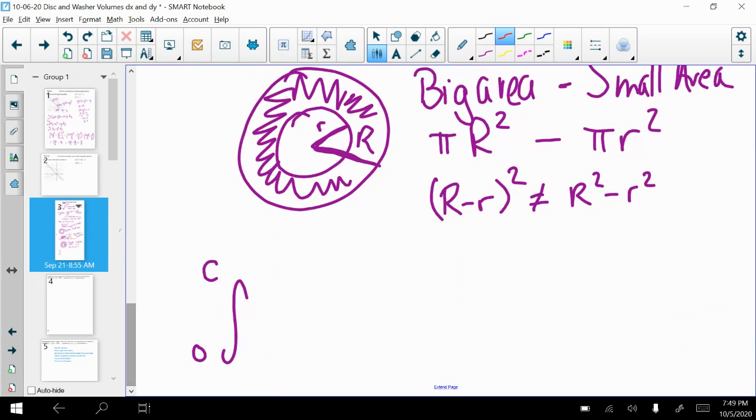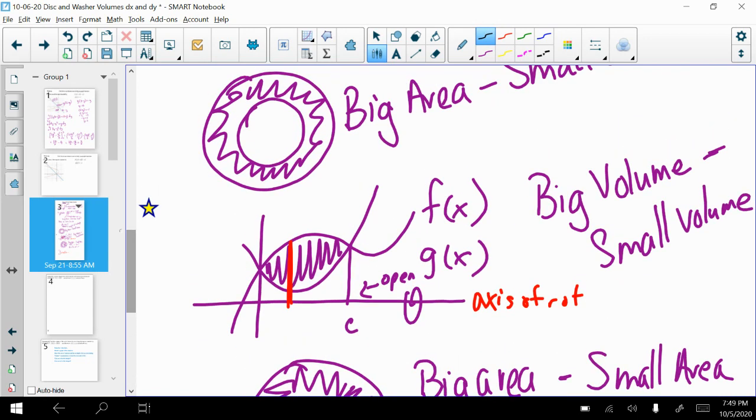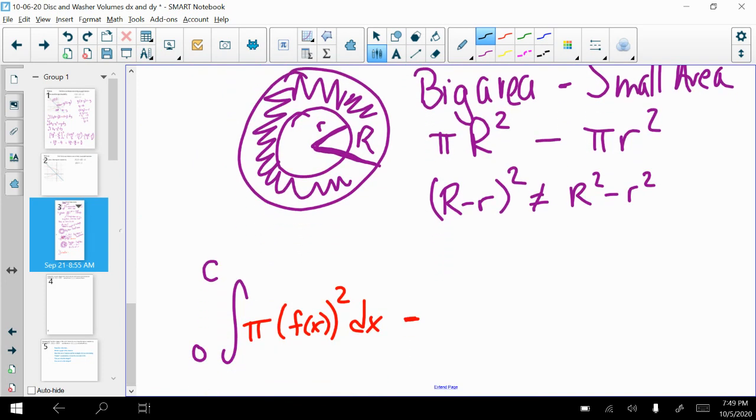So in this case, it's just f of x, right? So that's the distance there. But to get our volume, we have to go pi r, but r in this case is f of x squared. And that would be my big volume, right? And then I could subtract from that this open volume. And so this open volume is 0 to c pi g of x squared.